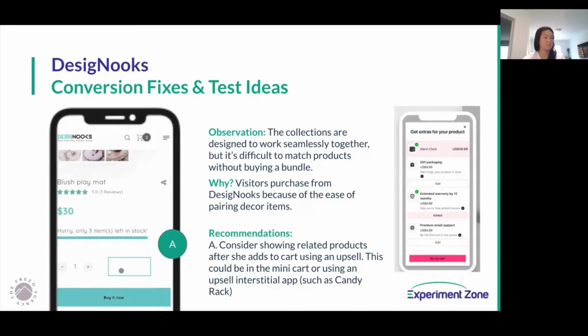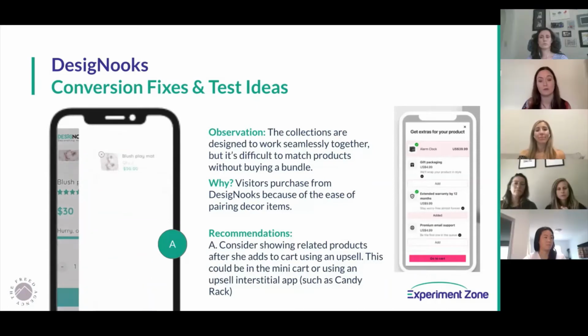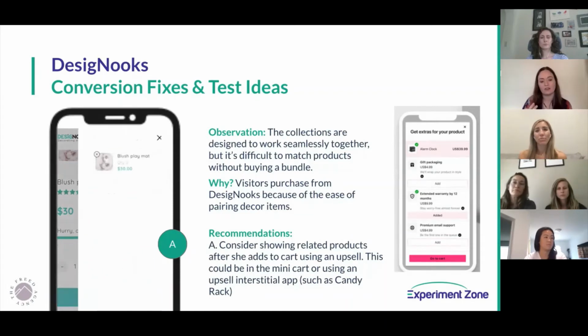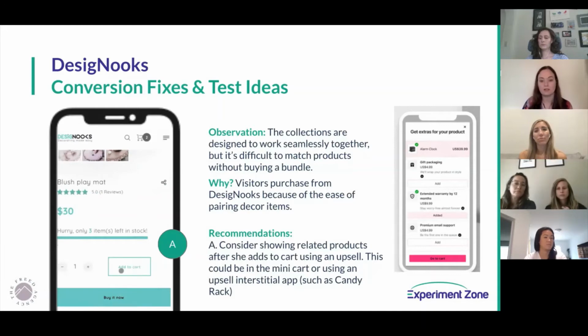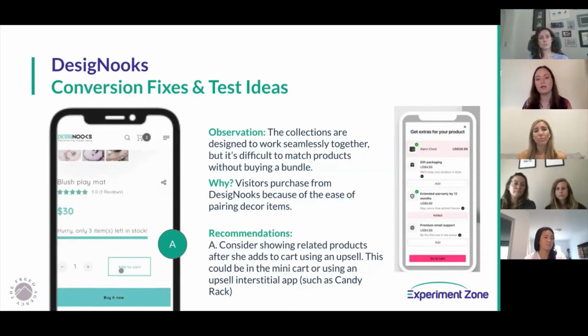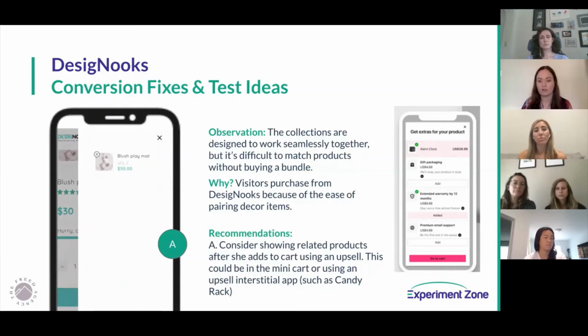If a friend wants to purchase a few items from the nook, they want to be able to add to cart like you see on the left here. But we're not taking advantage of the opportunity that they maybe want to buy something else that fits in with this nook. If we can make it easier for them to see, here's another small thing, or another thing that pairs well with this item, we can get a higher AOV and we're more likely to see conversion overall.